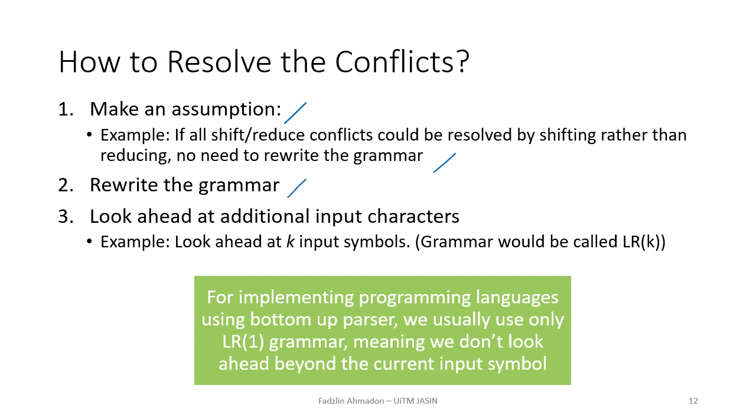And the third way is to look ahead at additional input characters. If currently we are looking ahead at only one input in front, we perhaps can modify our parser to look at 2 or 3 inputs ahead, so that the parser would be able to choose which rule to apply better.